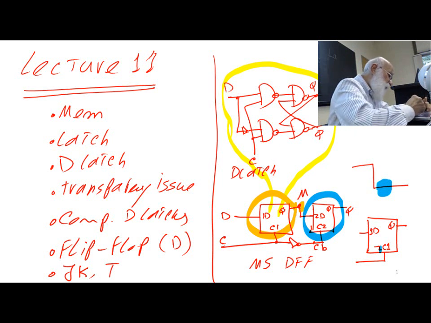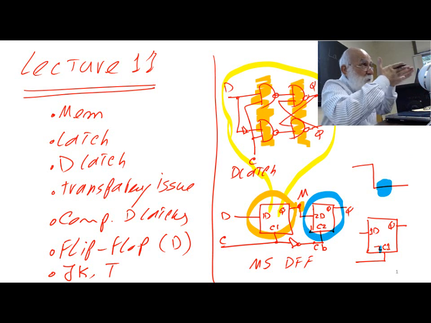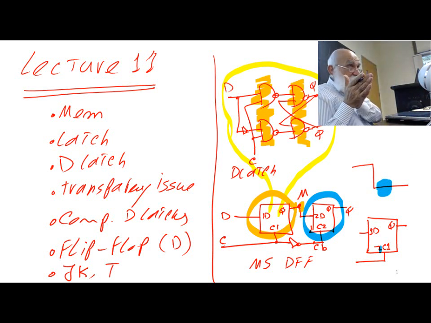There is this logic level, and then there is this logic level, which means that for the clock to affect the Q output, it has to go through two logic levels.